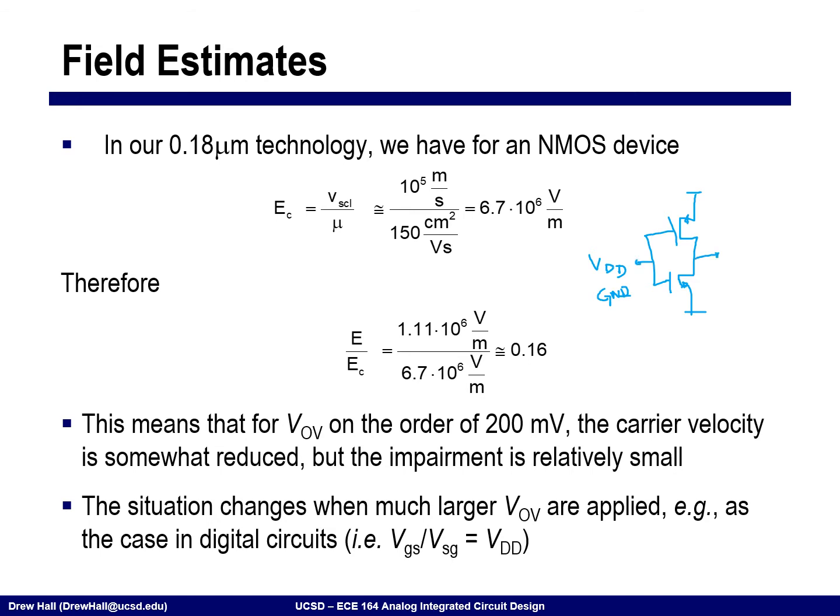What that means, though, is that the overdrive voltage across this NMOS or this PMOS is very, very large, close to VDD minus the threshold voltage in both cases.